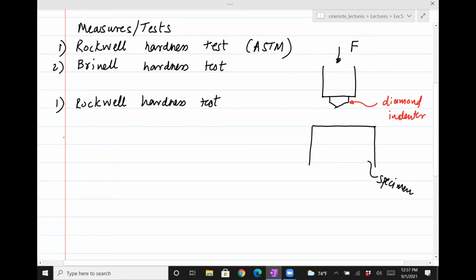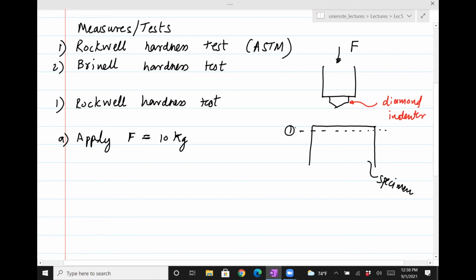So the first step, let's call that A, is to apply F equal to about 10 kg. 10 kg is not the force. You need to multiply that with gravity to find the force. It's about 100 newtons. Once you apply that force, the indenter goes down to a depth.